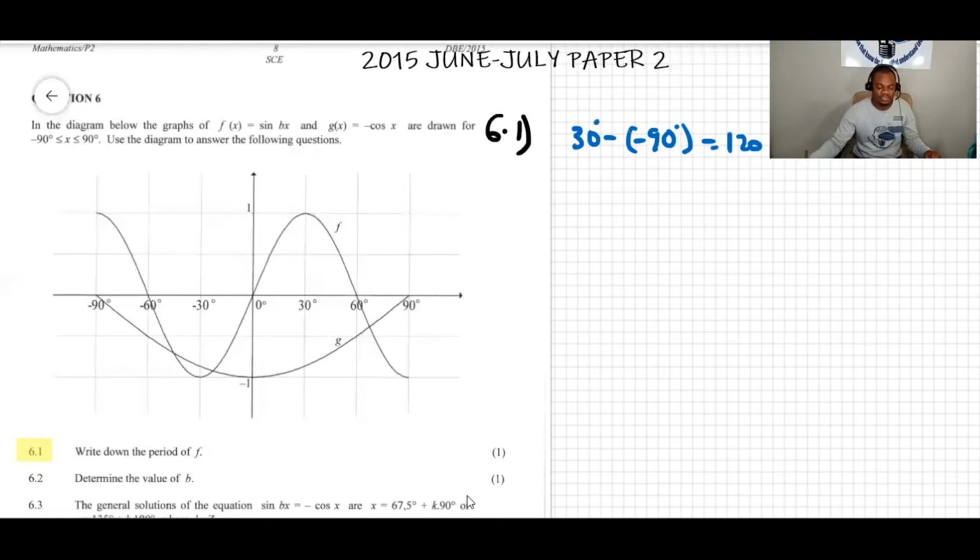Also if we consider this distance from here to there, we can just do 60 minus negative 60 degrees, which is still equal to 120 degrees.